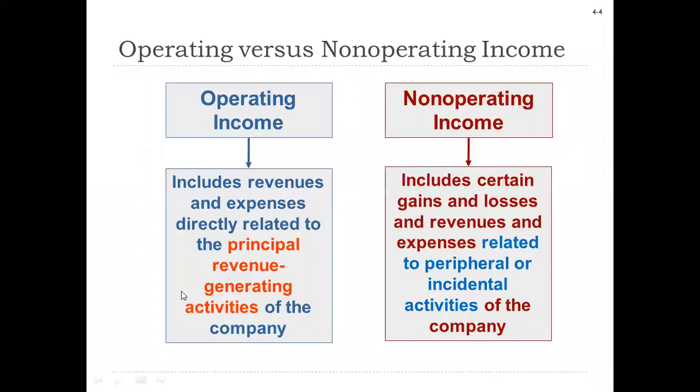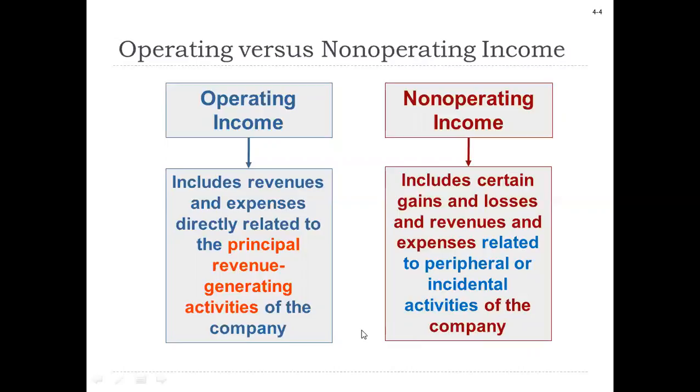So again, operating income includes revenues and expenses directly related to the main revenue generating activities of the company. In other words, what they're in business to do. Non-operating income are gains and losses and revenues and expenses related to things that are not part of their normal operations, but are one-shot deal type things, so peripheral or incidental activities.